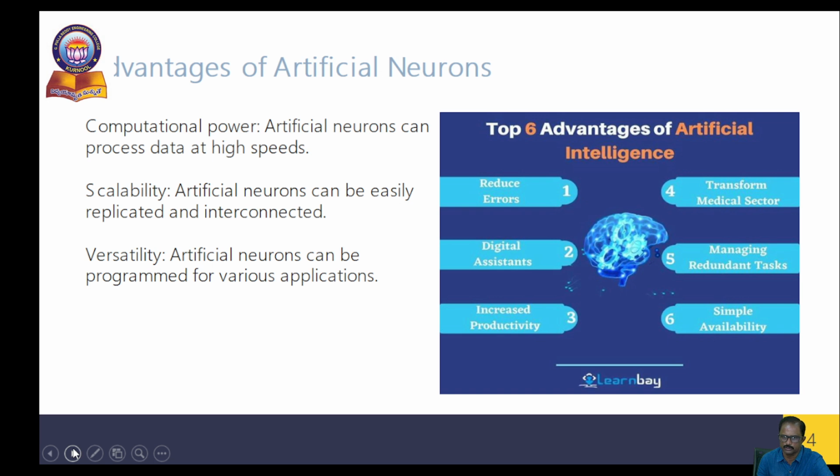Suppose any small tumor is there, then immediately artificial intelligence analyzes by processing each and every image what type of tumor it is, whether it has any pus cells as I mentioned, whether it has any cancerous cells, and what type of medication you need to provide, whether surgery is required or something else, whether radiotherapy is required. So the entire information will be provided in the medical sector by using artificial intelligence.